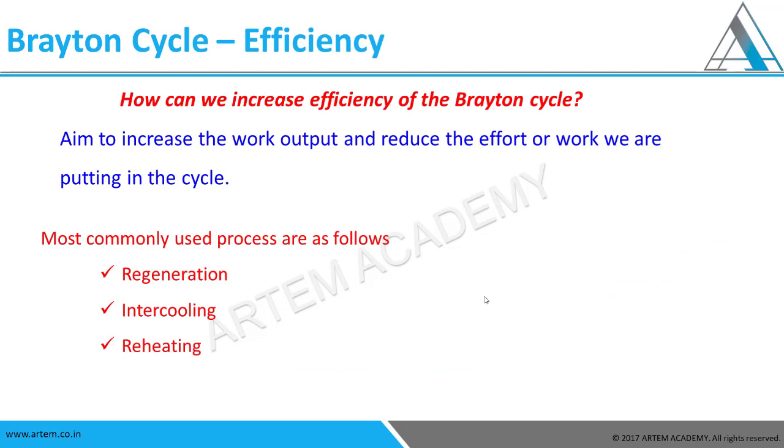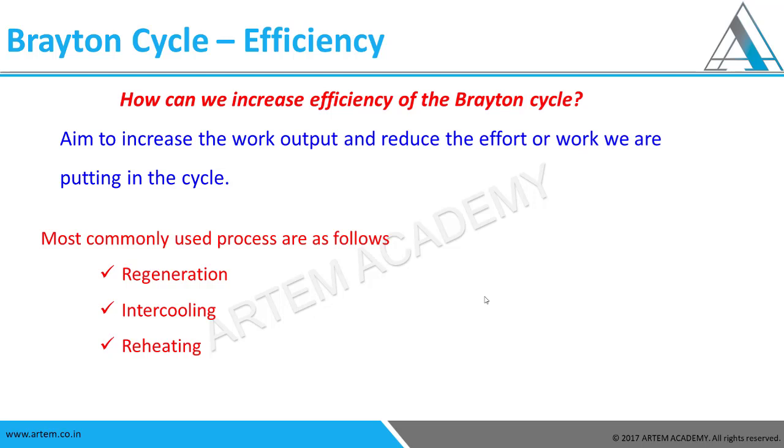Now we have talked about the general Brayton cycle, that it has normal processes. But in order to increase our work output and to reduce the work we are putting in the cycle, we have to do certain steps, and those are regeneration, intercooling, and reheating.